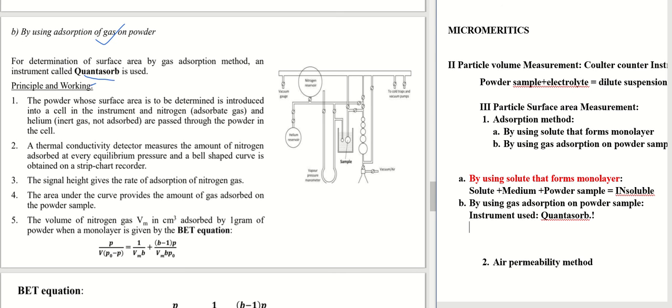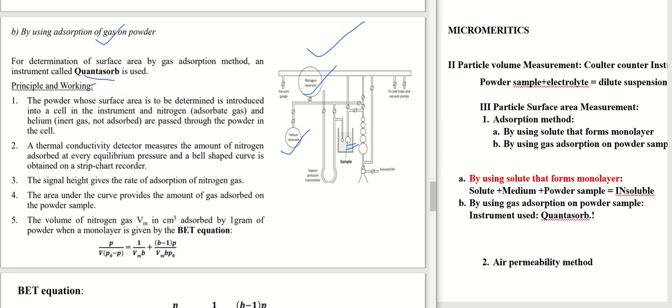Now let's see how this instrument works. This is the quantisorb. This instrument has a chamber for the sample and a chamber for the gas. In this experiment, we'll make use of nitrogen and an inert gas, helium.